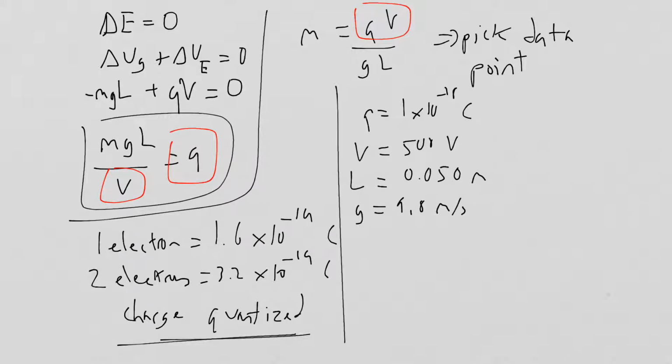If you plug all that in, you get M equals something like 9.8 times 10 to the negative 16th kilograms. Depending on exactly what data point you pick, you might get a slightly different number, but it should be in that region. The key is pick a data point and use that to get your values.